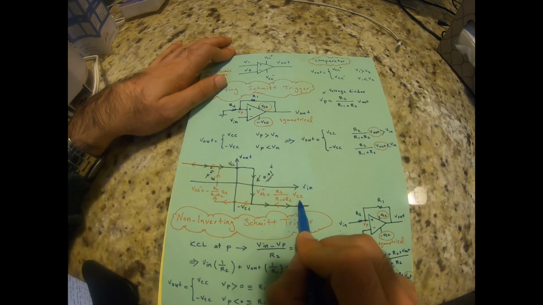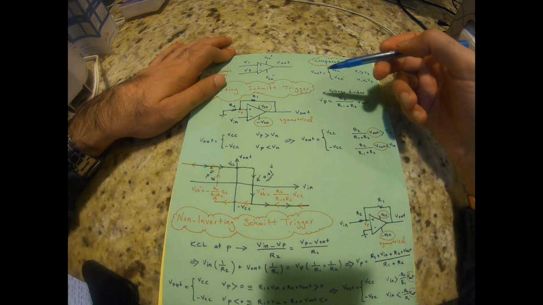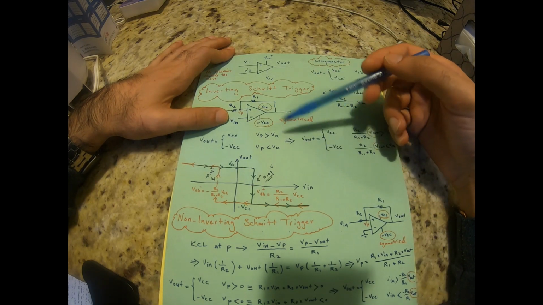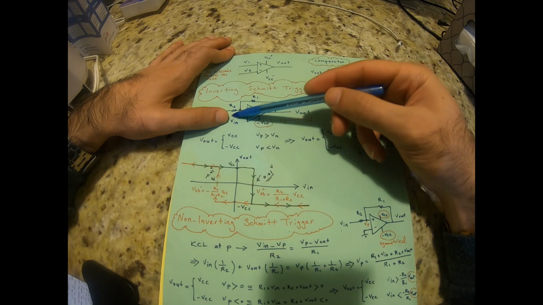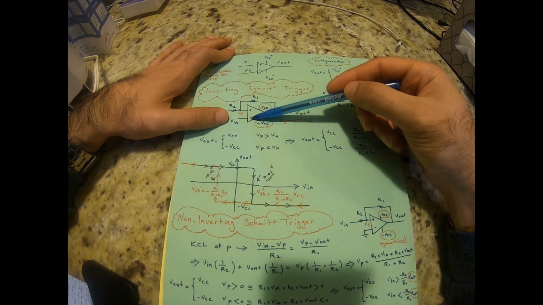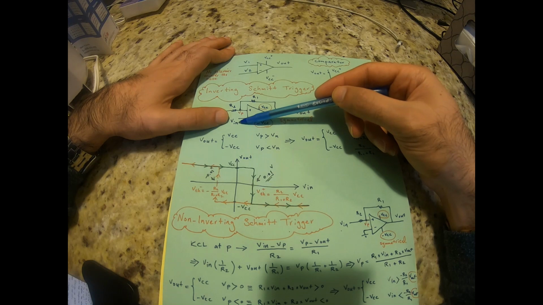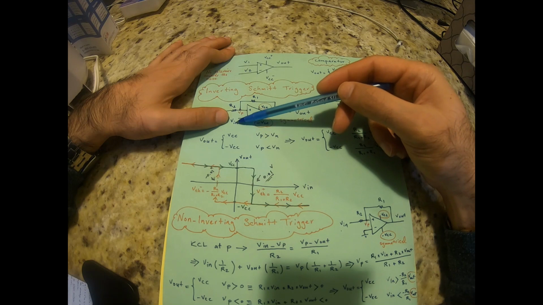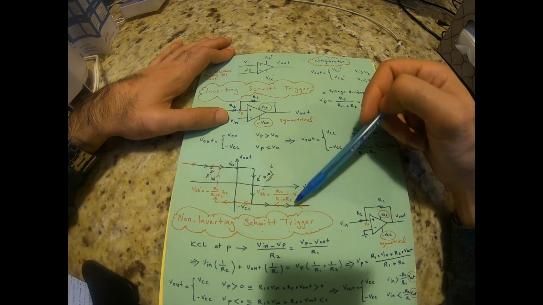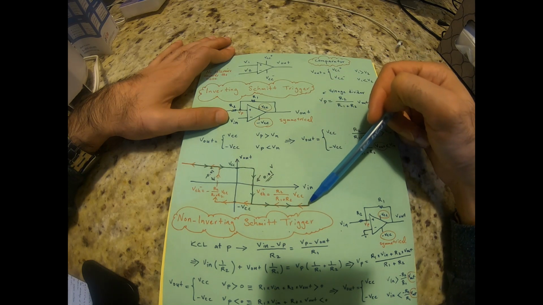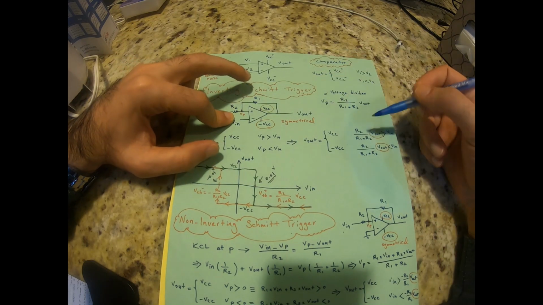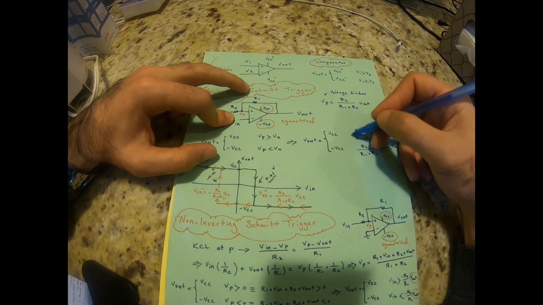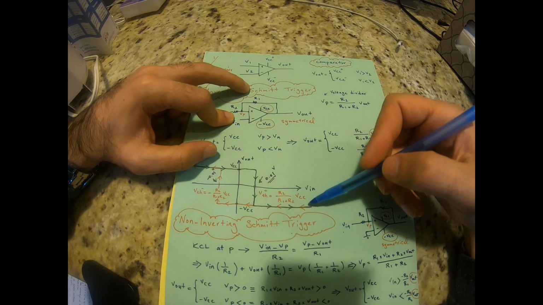On the other hand, if Vin is a very big positive number, somewhere here, because it's connected to the inverting pin of the op-amp, Vin is going to be bigger than VP, so the output is going to be negative VCC. So VP is going to be equal to negative VCC times R2 divided by R1 plus R2.